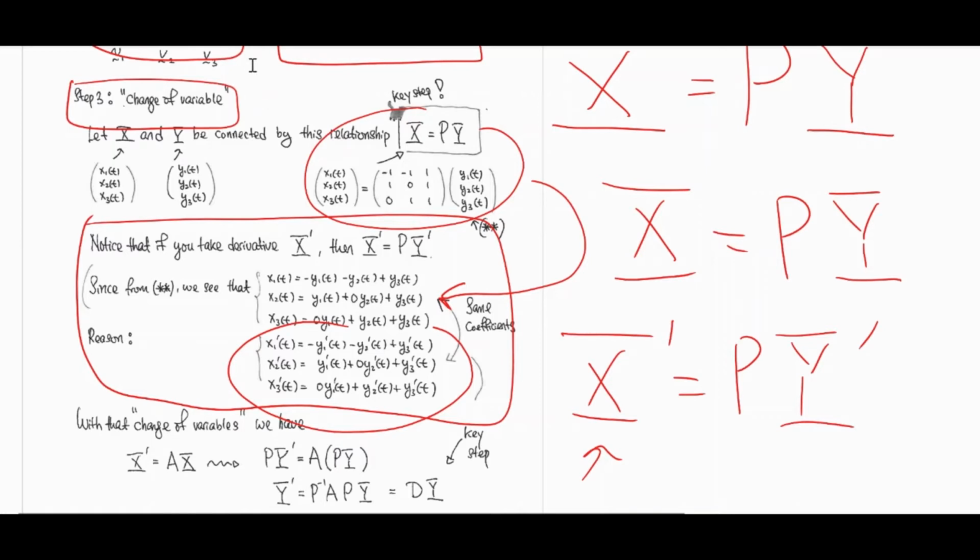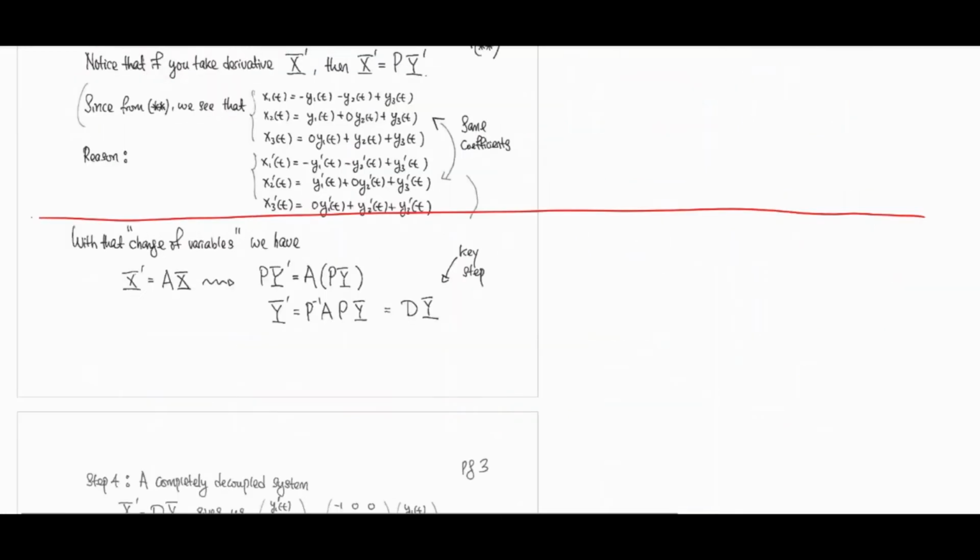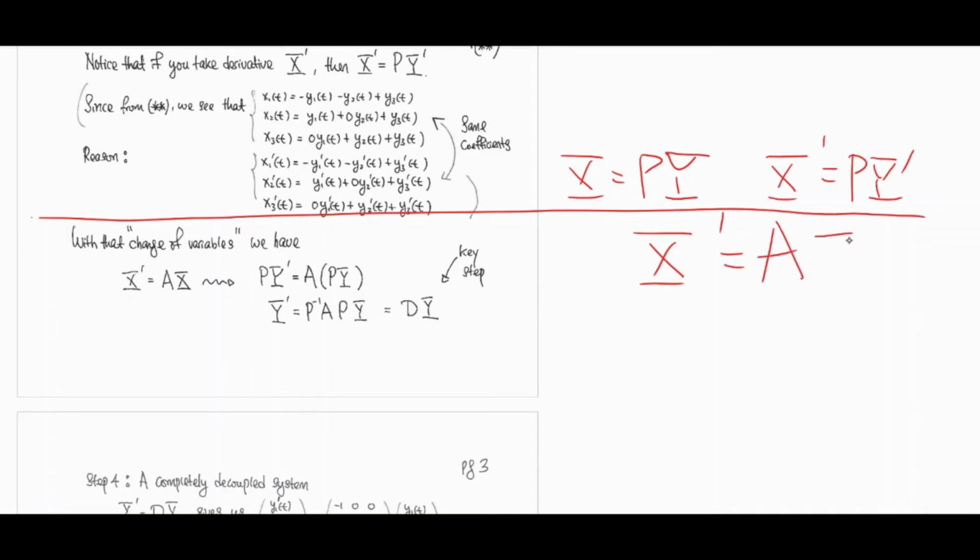So now we are right here. Once we have x equals Py and x prime equals Py prime, we are going to substitute that into the equation x prime equals Ax. So x prime right here is now Py prime, and then A, and then our x here is Py.